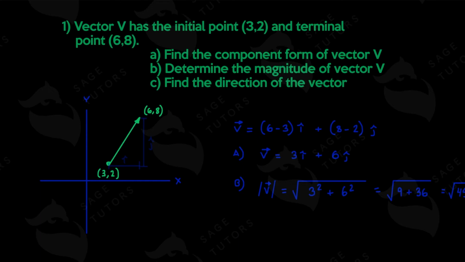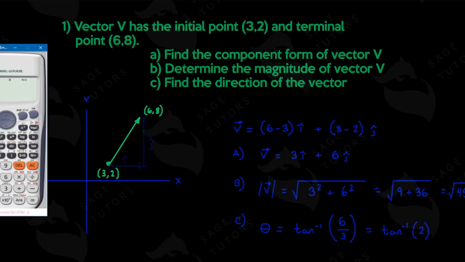And finally, to find the direction of the vector, we can find the angle by using the other formula, which would be tangent inverse of the j component, that is 6 divided by 3. So this would give us tangent inverse of 2, and we can actually plug that in our calculator.